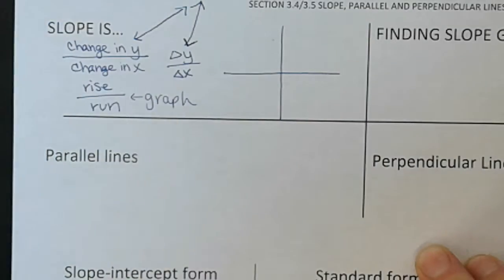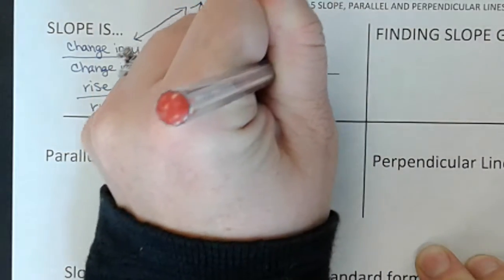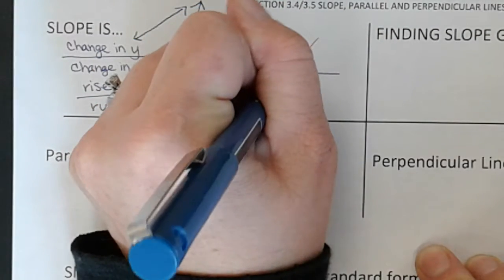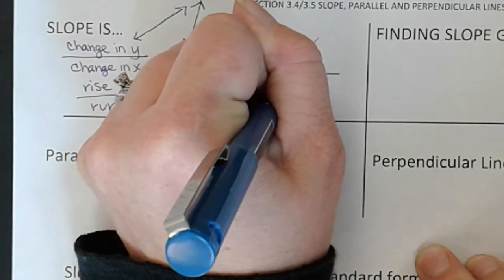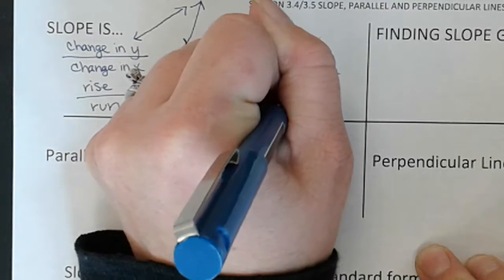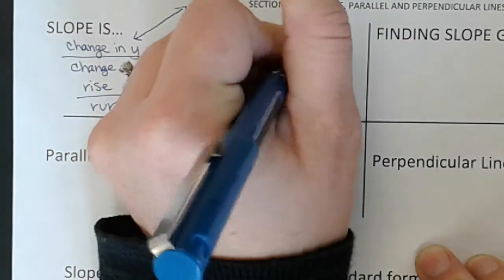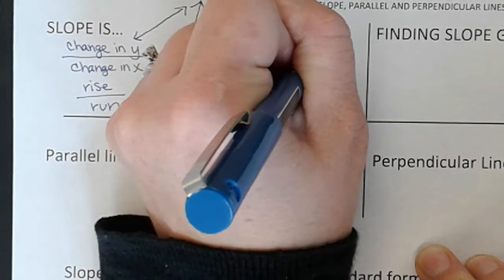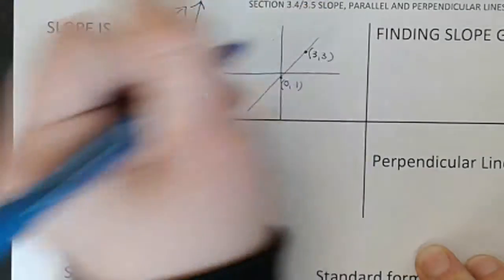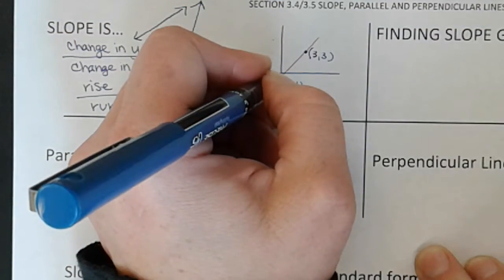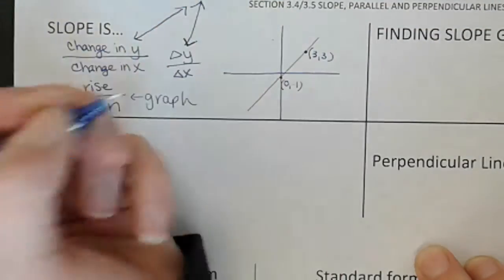So say we have this line right here. And this point is (0, -1), and this point is (3, 3). So what we're going to do is count how far it went up and how far it went over.